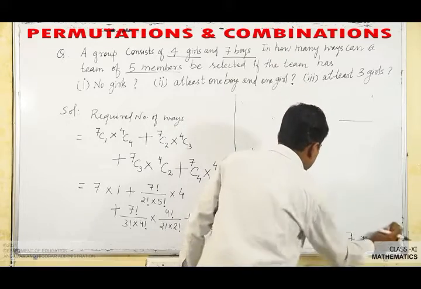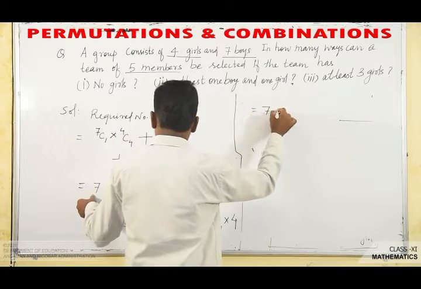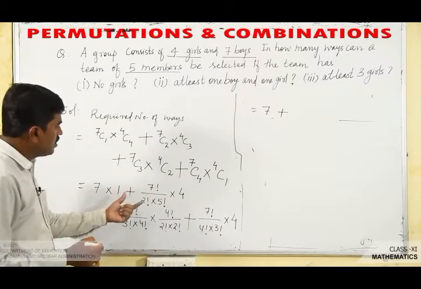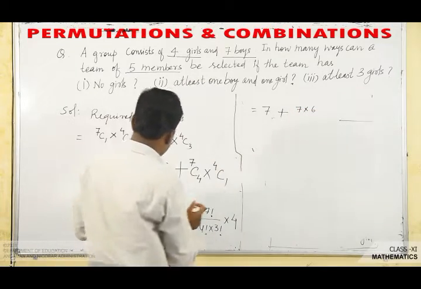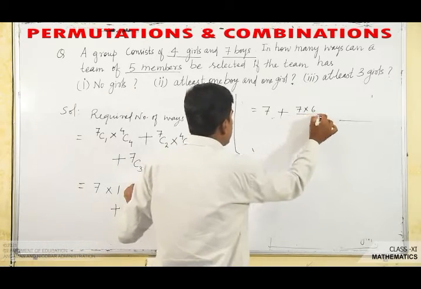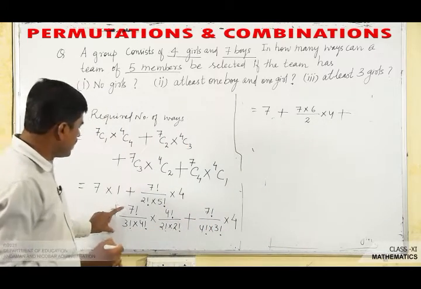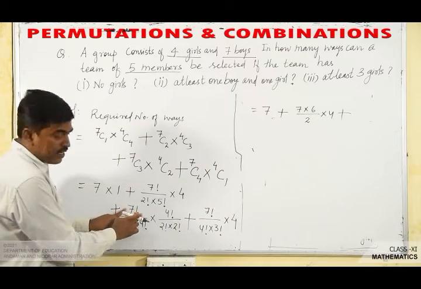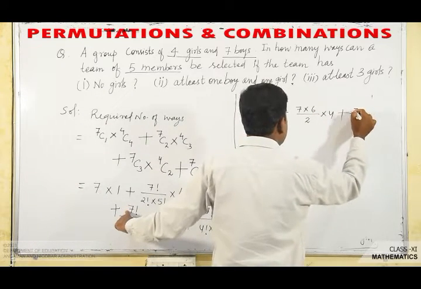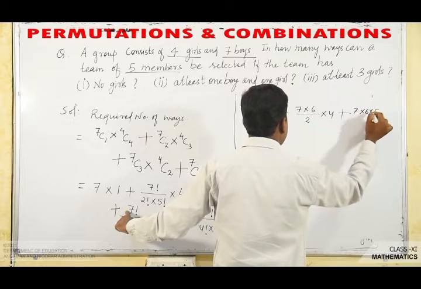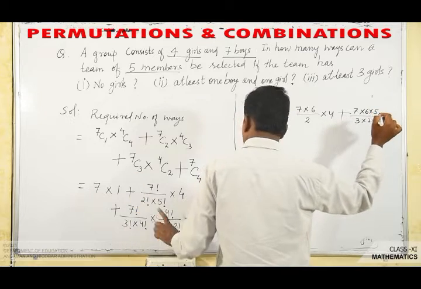Now just calculate it. It is 7 into 1, that is 7, plus 7 factorial, we can write this 7 factorial as 7 into 6 into 5 factorial. So 5 factorial will be cancelled out, divided by 2 into 4. Then plus 7 factorial, we can stop at 4 factorial as denominator. So 7 into 6 into 5 divided by 3 factorial, that is 3 into 2 into 1, 4 factorial gets cancelled out.